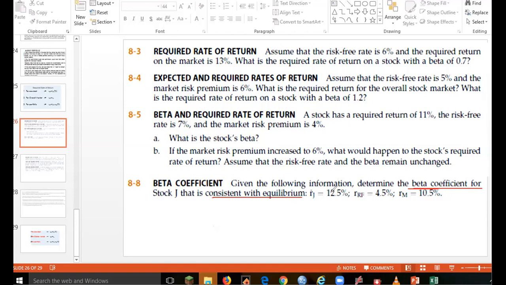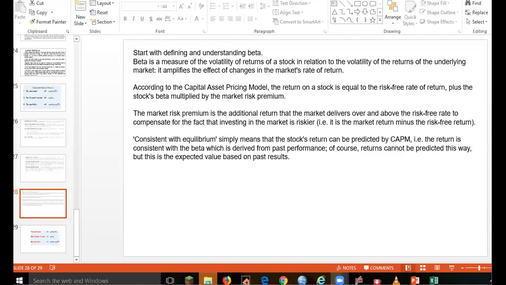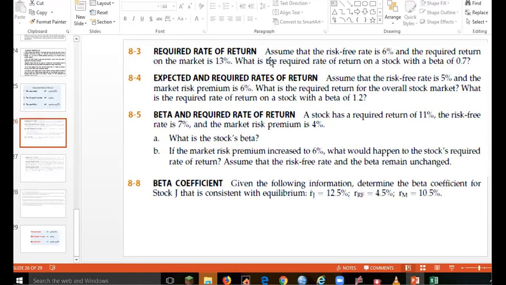Return is 12.5%, risk-free rate is 4.5%, market risk premium is 10.5%. One thing should be noted that in this problem, we have stock J that is consistent with equilibrium.